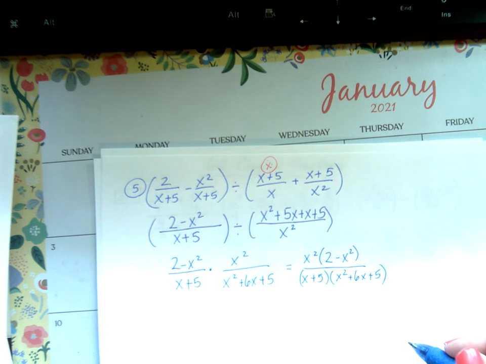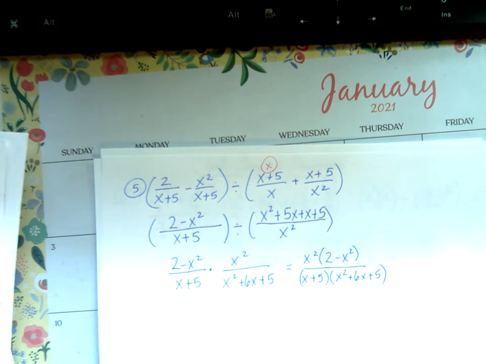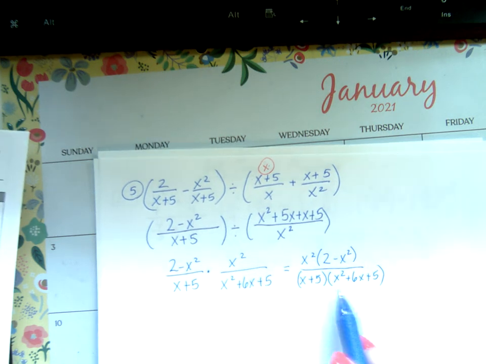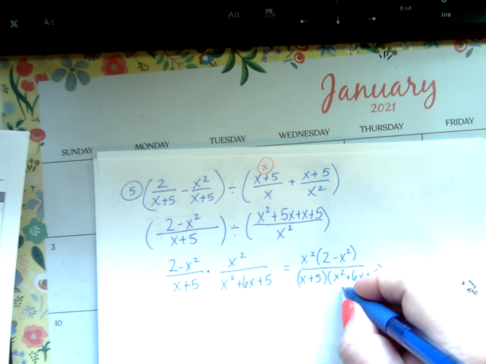For some of my more savvy kids, does this factor into x plus 5 and x plus 1? I think it does. This is a perfectly valid answer. You're going to see different equivalent forms, right?